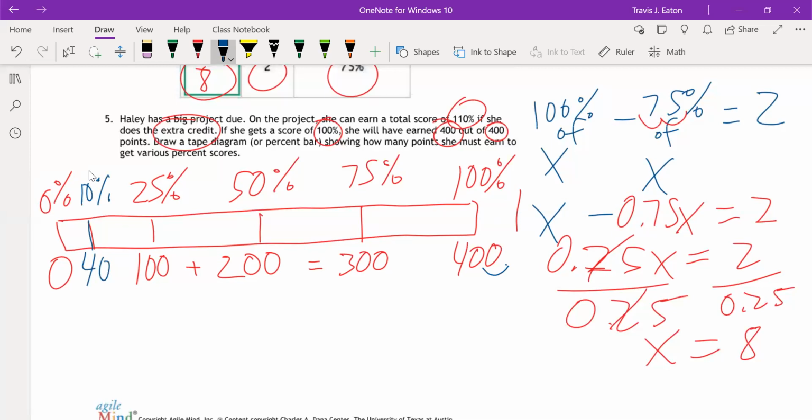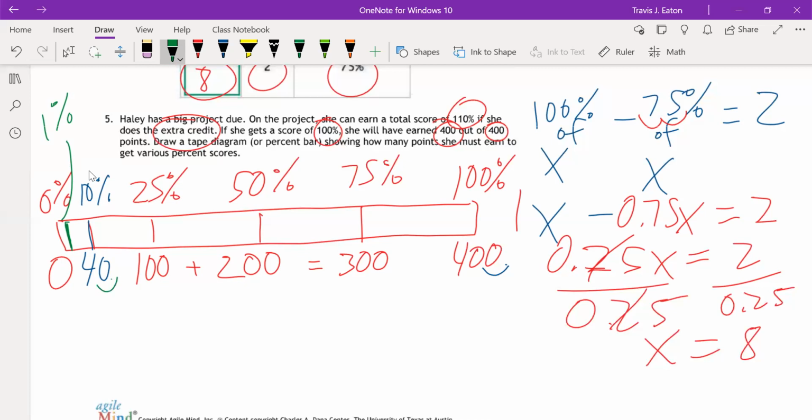Now, if we know 10%, we can certainly find 1%. All we have to do with 1% is to move the decimal place one more to the left.